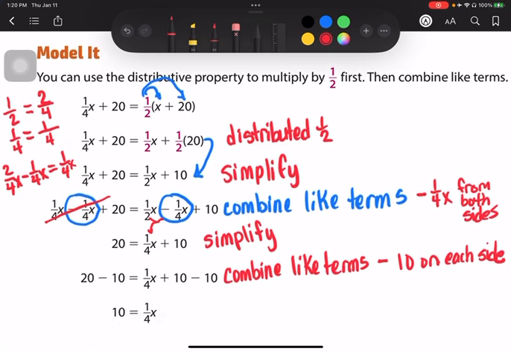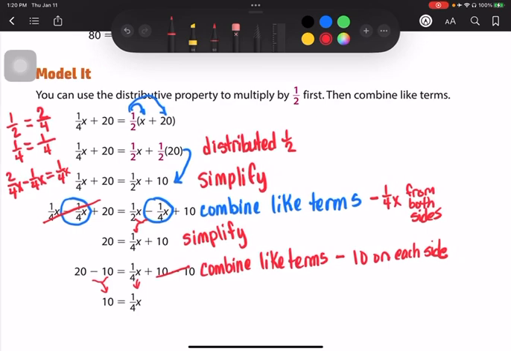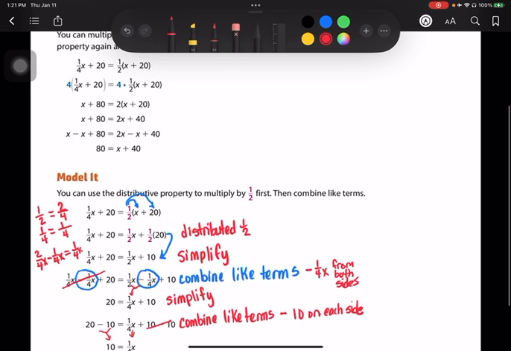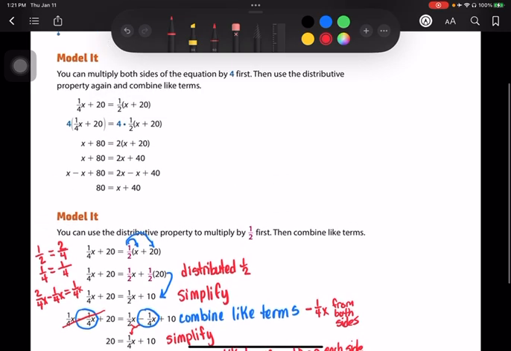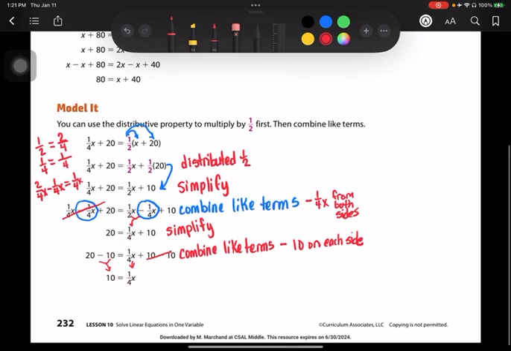That simplified this side, leaving you with the 1/4 x, and 20 minus 10 is 10. I've explained the steps up top on the previous page, so I didn't go over that again, but I wanted to explain the bottom because that's if you wanted to work it out with just the fractions.